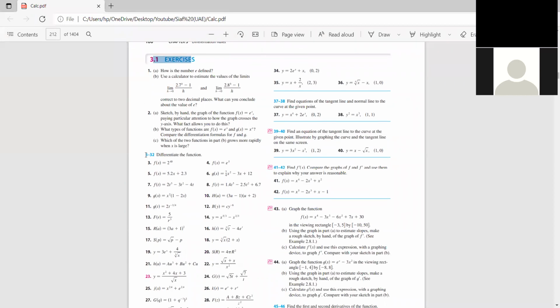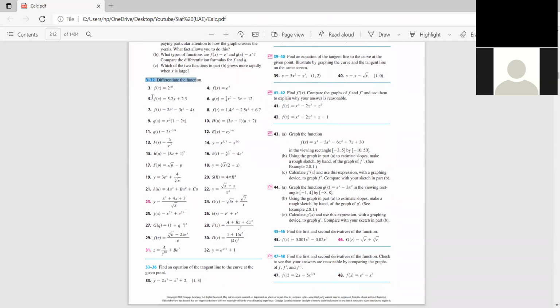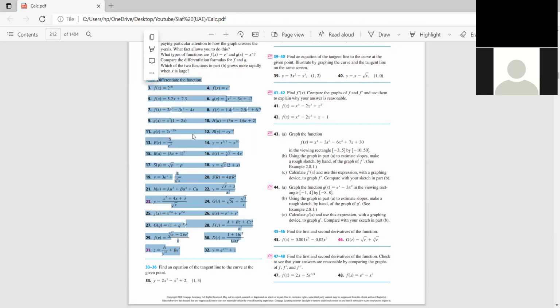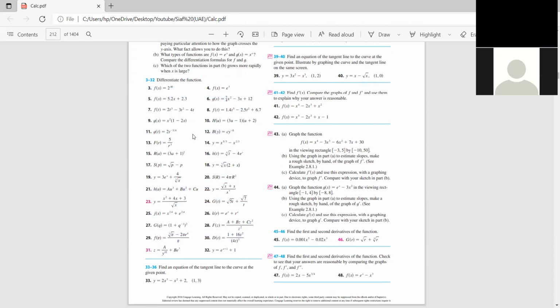So you can practice some of the questions from here, like 3-32, you can do it. Can you see the book? Yes. These are all the questions that you can do. They will be enough to practice the rules that we have studied yesterday.